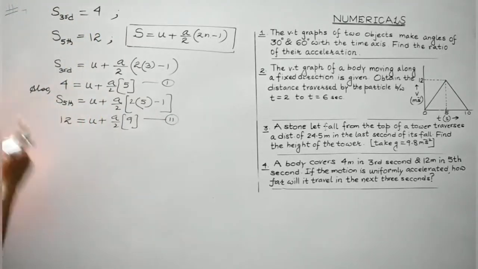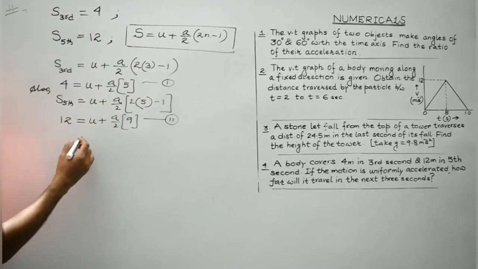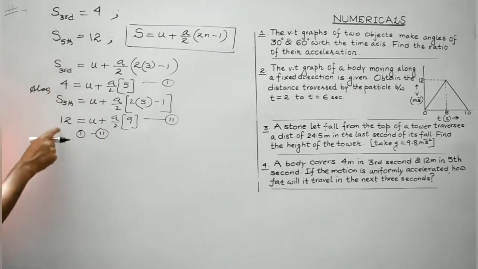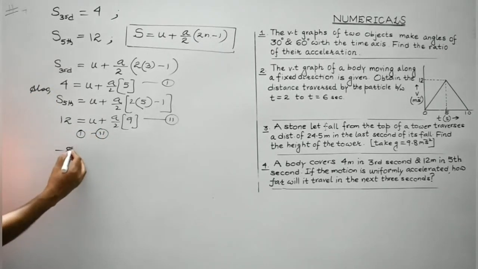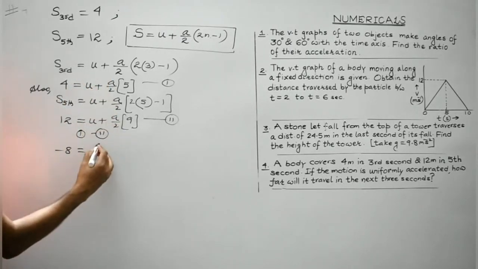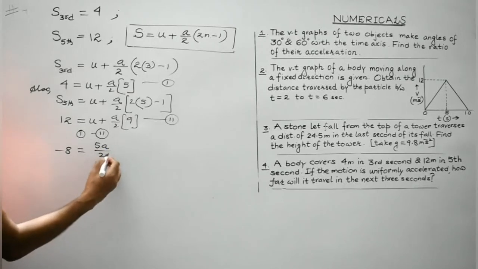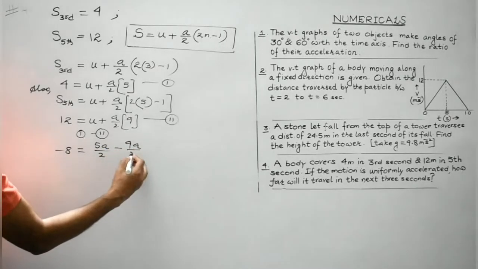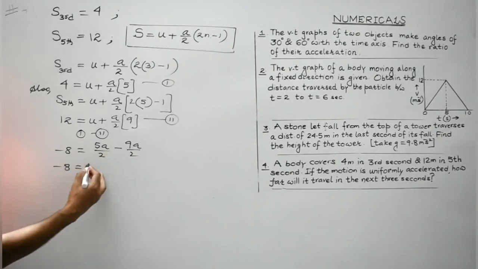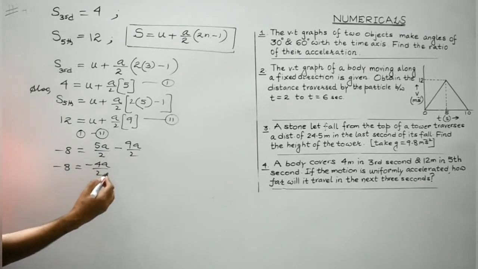So let's solve it. Now if you subtract these two, first minus second, what we get is 4 minus 12, that will give us minus 8. U minus u will get cancelled out. So over here it will be 5a by 2 minus 9a by 2. So minus 8 is equal to minus 4a by 2.